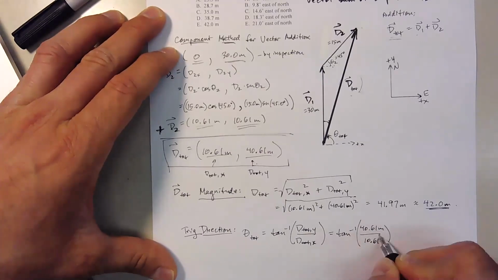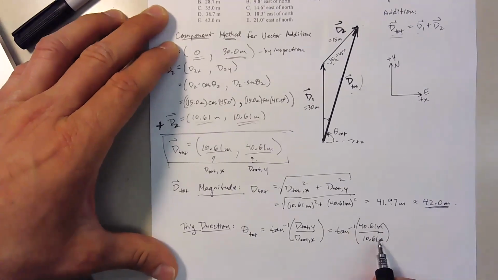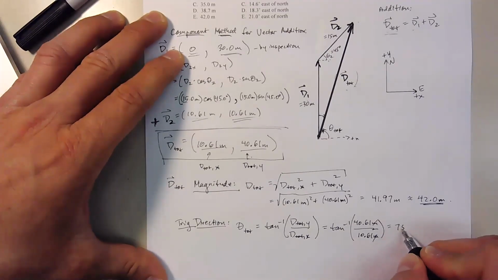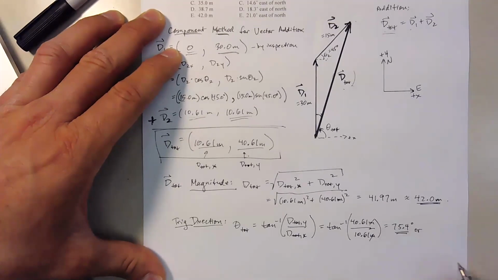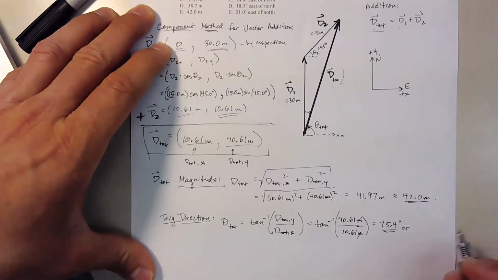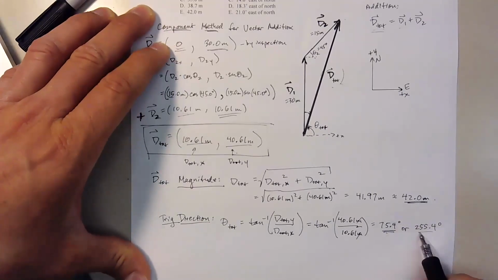Notice that the units will cancel, which is what we want, so that we're feeding the inverse trig function a dimensionless quantity. And then I ask my calculator what that is. My calculator says 75.4 degrees, and I know that there's another answer that's 180 degrees away from that, because inverse tangent gives 2 answers on the unit circle. So I need to at least check out that other answer.